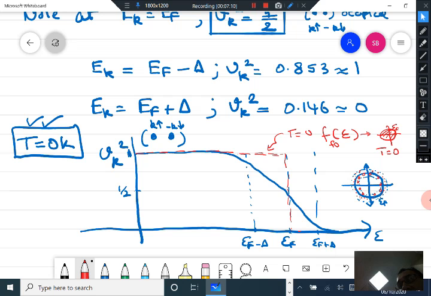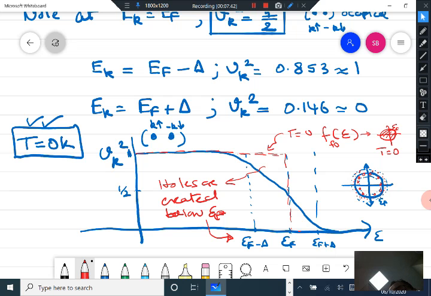Because below the Fermi energy, this part where your Vk is decreasing with respect to the Fermi-Dirac distribution, is where holes are created below EF. This is an energy below EF and the distribution is falling below. In the Fermi-Dirac distribution, it is 1.